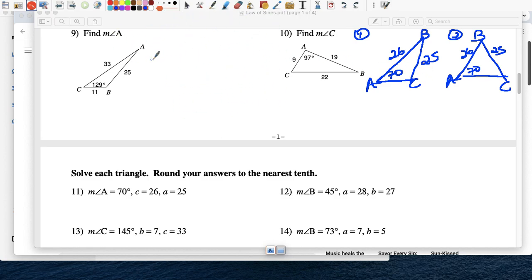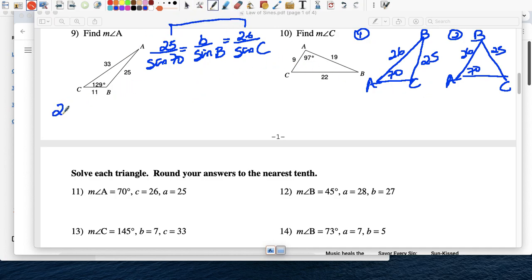For triangle 1, we're going to write 25 over sine of 70 equals little b over sine of B, and little c is 26 over sine of angle C. The first thing we're going to do is use these two and find angle C. So cross multiply: 25 sine of C equals 26 times sine of 70.